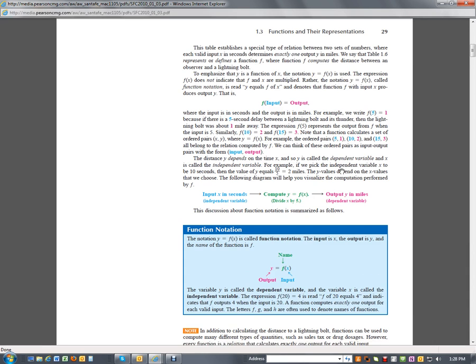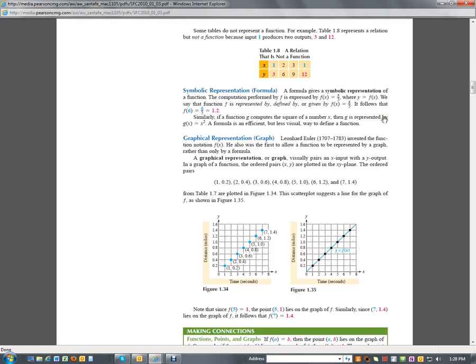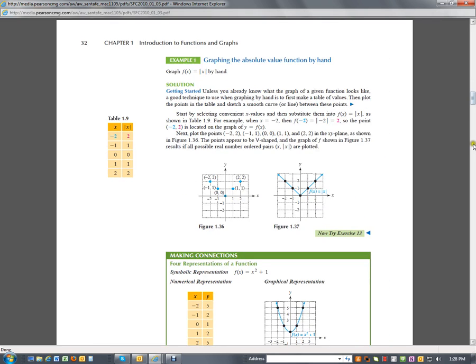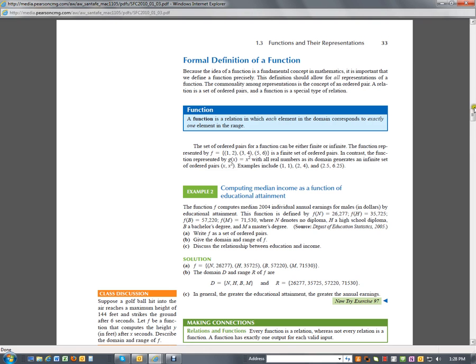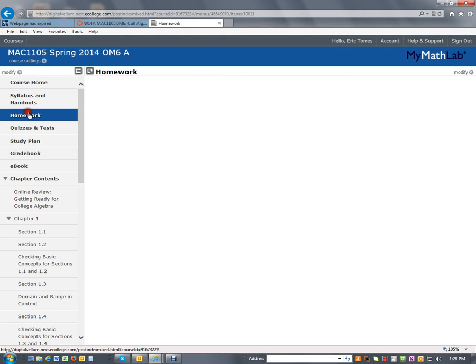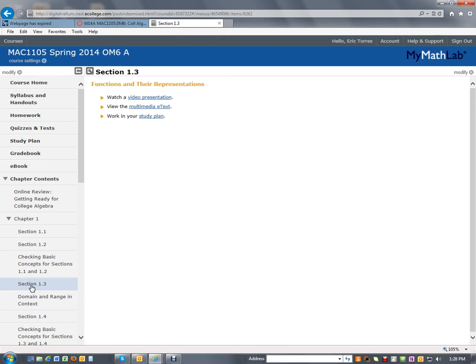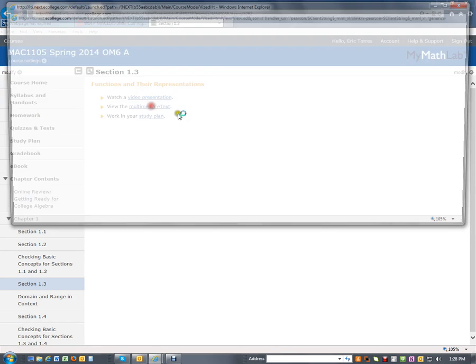So here's the book. You can read through it. Highly suggest that you read it probably even before you watch my video lectures. So my method, if I was you, would be to find out what the homework assignment is, and it's 1.3. Go to the book, read the section on 1.3 in the multimedia e-textbook.